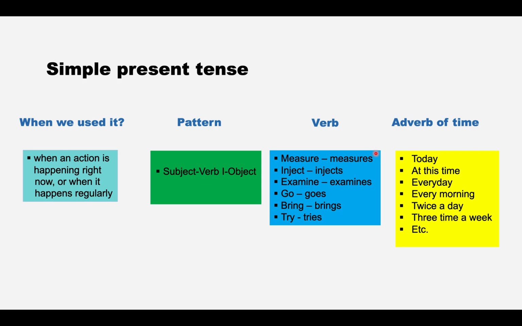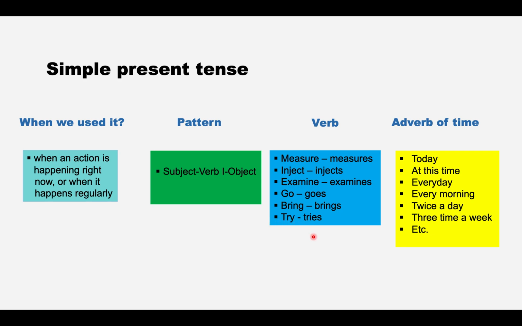So remember that when the activity happens regularly, like every time, every night, every year, this is when we use simple present tense. What is the pattern? Look at this green box. This is subject, then verb 1 and object. I repeat it: subject, verb 1 and object.